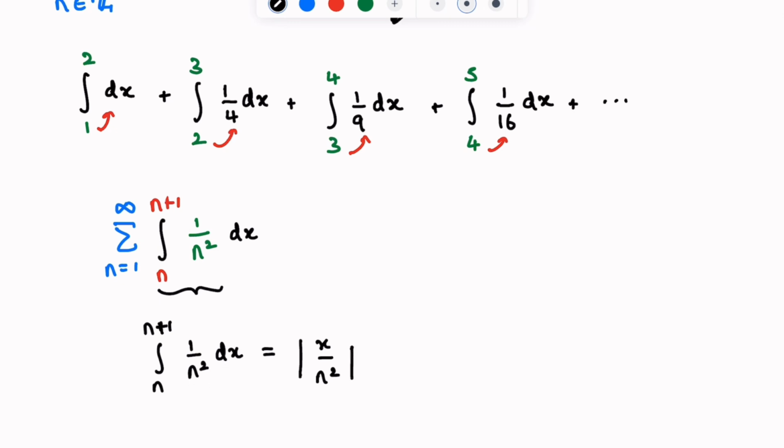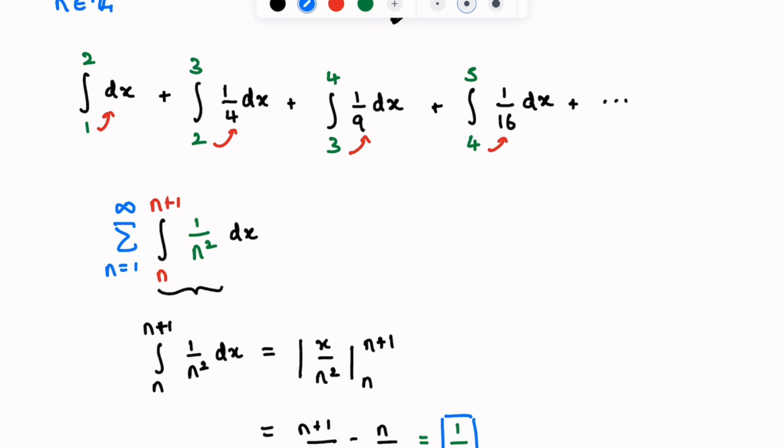So x times the constant, using the power rule, from n to n plus 1, which is simply n plus 1 over n squared minus n over n squared, which is going to be equal to 1 over n squared. Okay, perfect. This integral is equal to 1 over n squared.